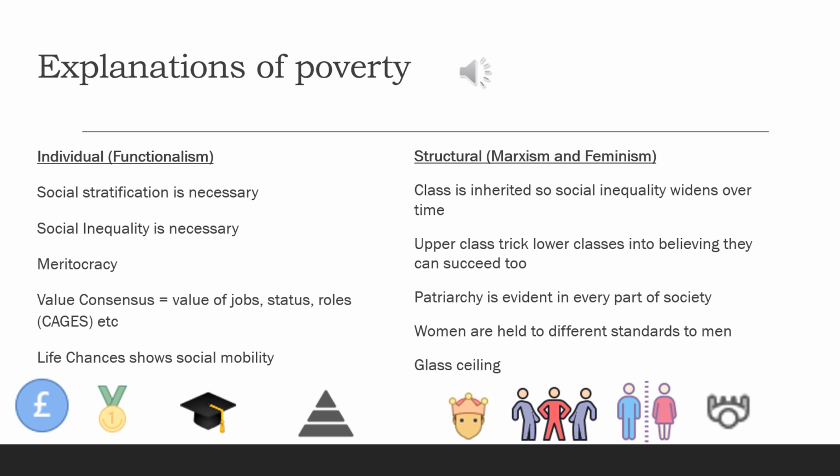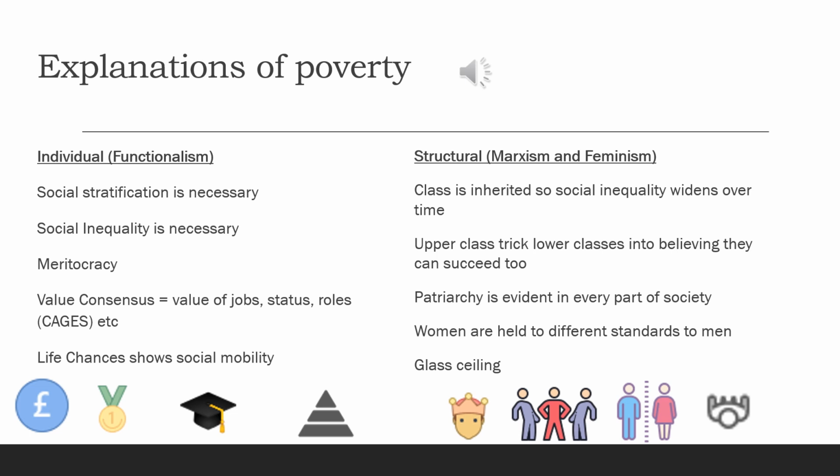You need people at the top, people at the bottom, and there's meritocracy available, and it's down to a value consensus. What jobs do we value? What status do we give people? And the fact that people can have social mobility shows that it's out there, and your life chances aren't necessarily the be all and end all.